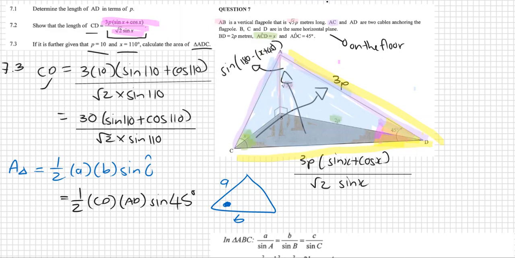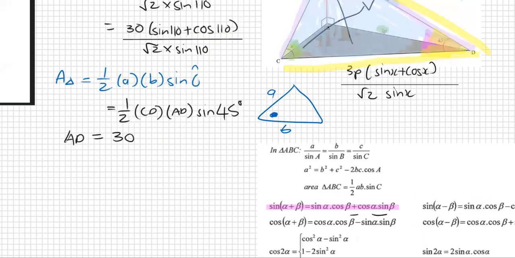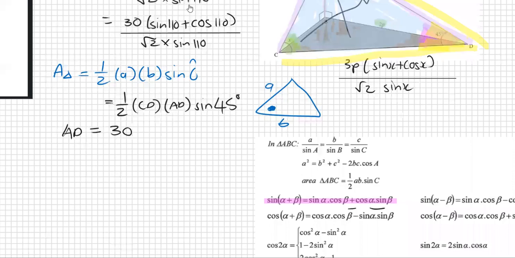Okay, just quickly clean up. So AD is currently 3P. We've been given a value for P, so AD is 30, which was 3 times 10. Okay. We sub the values we have into our area formula.